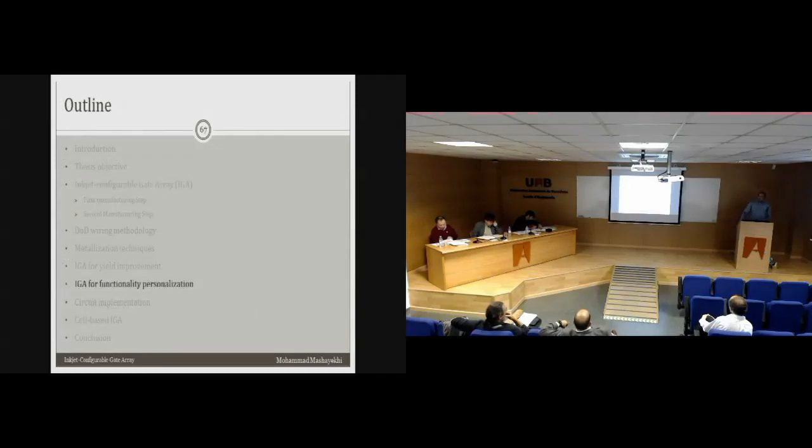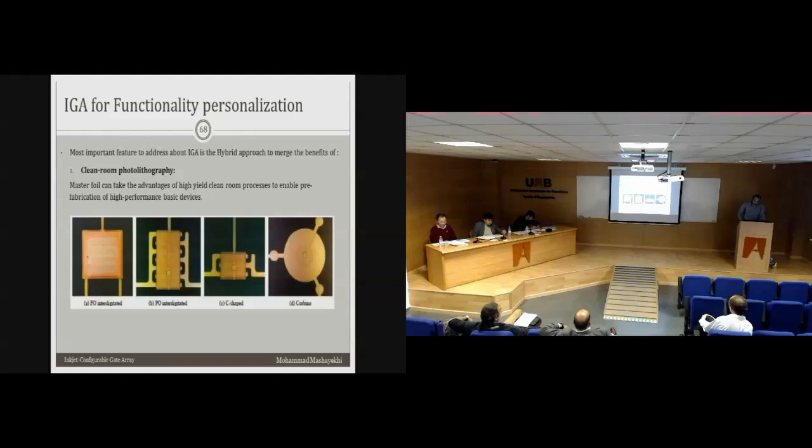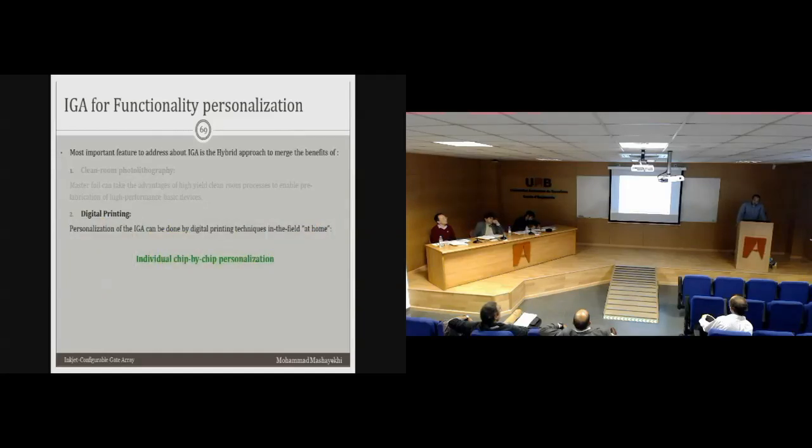The other advantage of IGA is IGA for functionality personalization. This is the most important feature of the IGA: a hybrid approach to merge the benefits of clean room photolithography processes, where the master foil takes advantage of high yield and high performance processes for basic devices, transistors, and digital printing for personalization of the IGA at home.